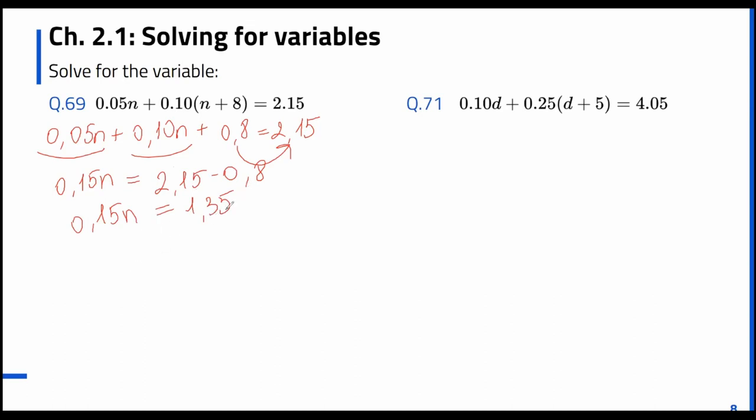Here we can approach with different methods. You can multiply everything by 100 and you will get common numbers, like 15n equals 135. If you know how many 15s are in 135, you can solve this way, or you can manually divide 135 by 15. Let's do this.